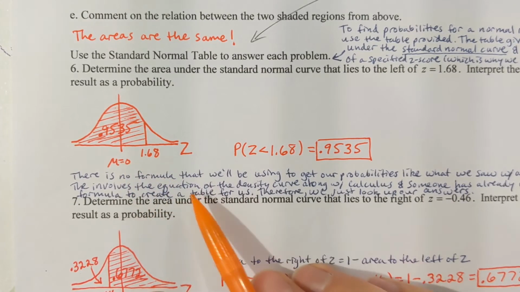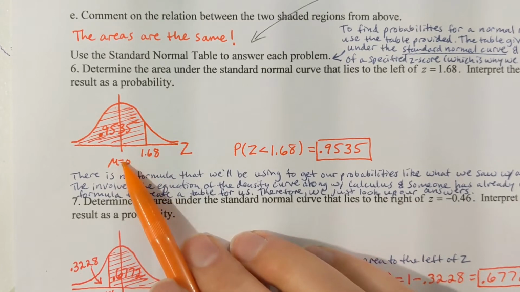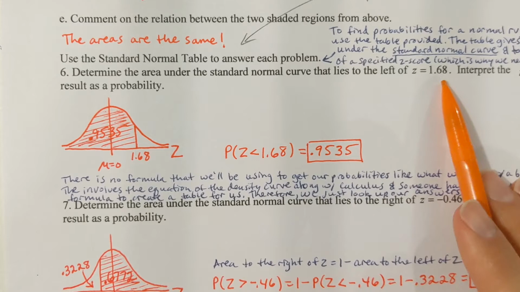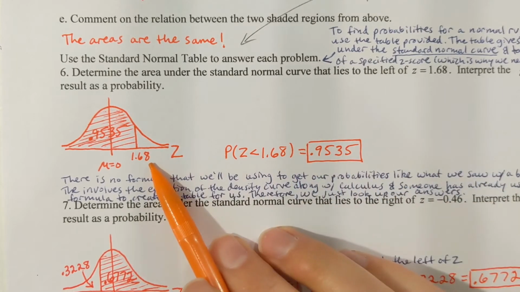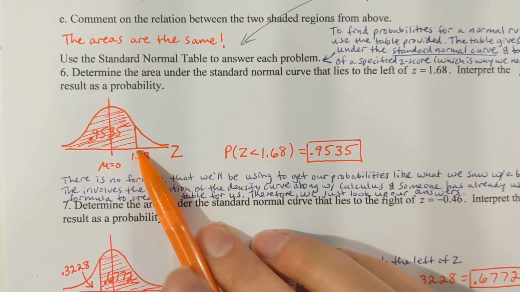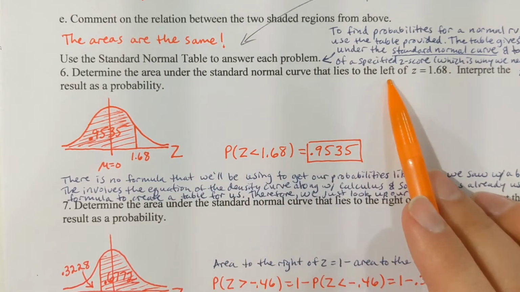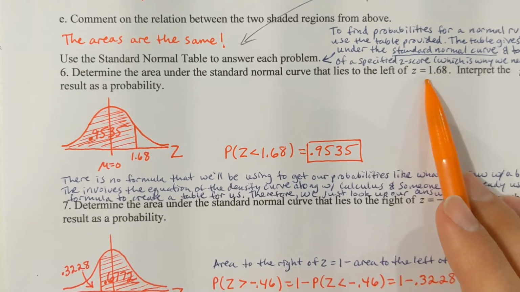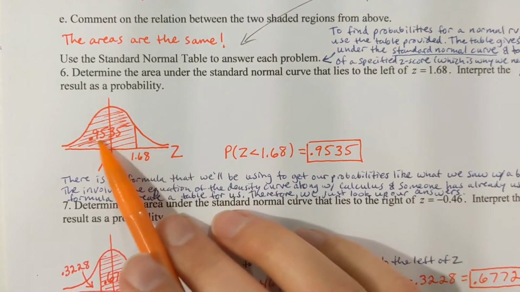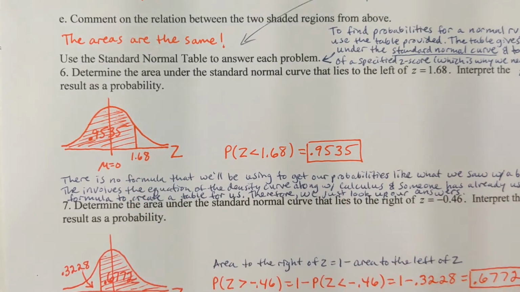The mean is always in the center, so I want to label the center mu equals 0, and the z-score given here is bigger than the mean. So I want to position that number just to the right of the center, and we would like to find the area that is to the left of 1.68. So I'm going to shade the area that is to the left there, and that shaded area is what I'd like to find.